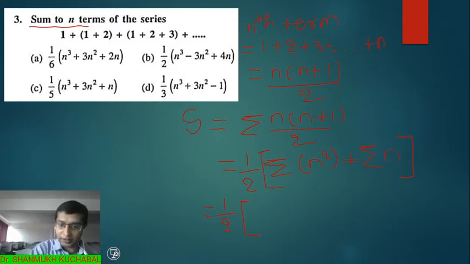Summation of n square is n into n plus 1 into 2n plus 1, and the whole divided by 6. And similarly, summation of n is n into n plus 1 divided by 2. Okay, this is a standard formula. Then further we will simplify this.